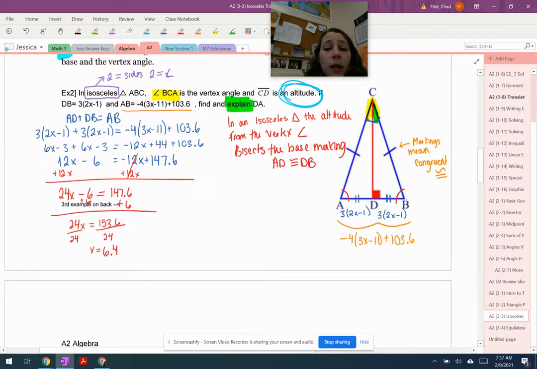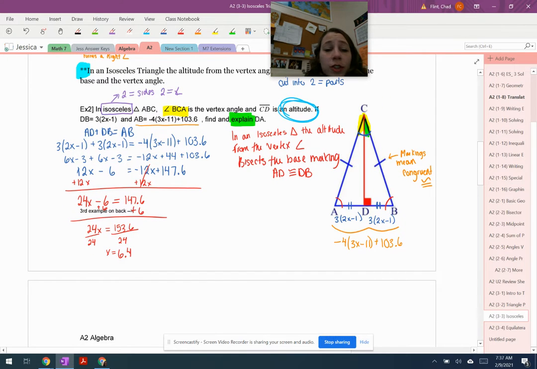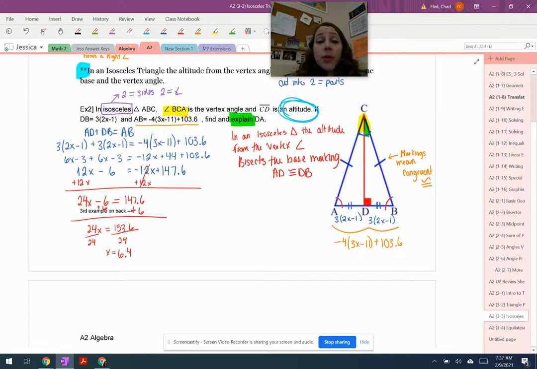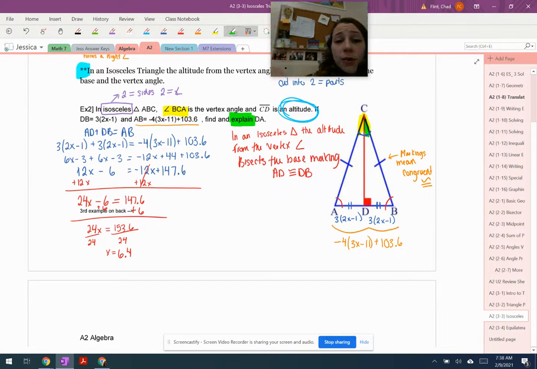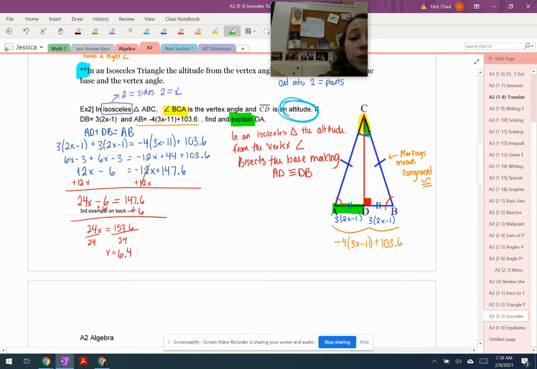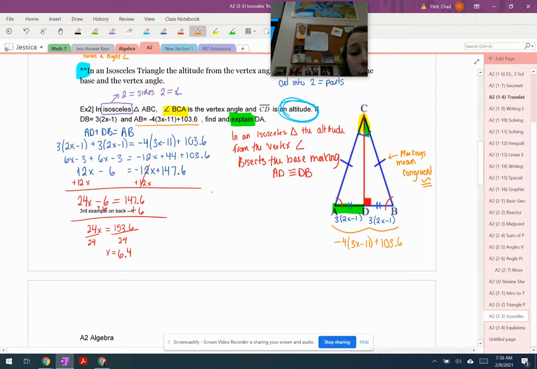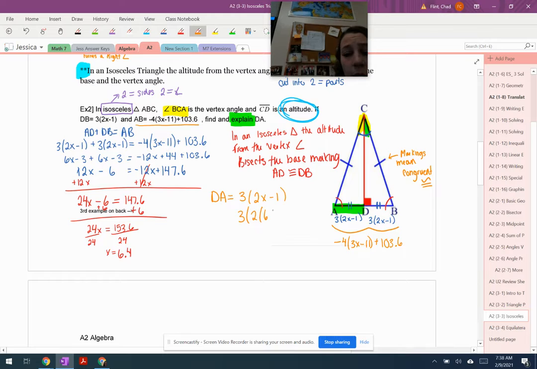Okay, so now, we made our equation, found x, and explained how we got our equation, but we still need to make sure that we're answering what the question was asking us. It was asking us to find dA. So that would be this piece right here. So I'm going to use that 3 times 2x minus 1 expression to find dA. I'm going to do that in orange. So dA is equal to 3 times 2x minus 1, and in for x, we're putting that 6.4.